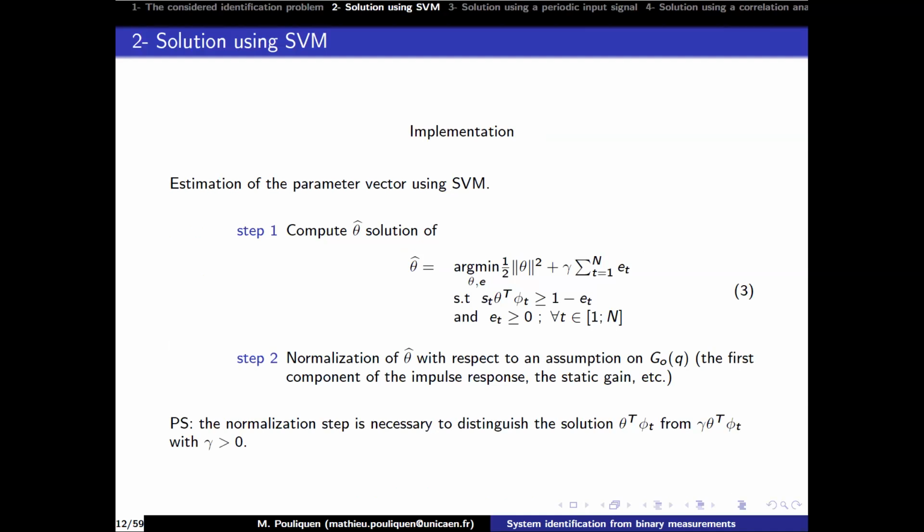There are several papers on constant thresholds or not. So it's not another parameter? No. If I have a threshold different from 0, I can integrate it in the regression vector, the parameter vector. So it can be computed automatically. With theta you can compute the threshold.